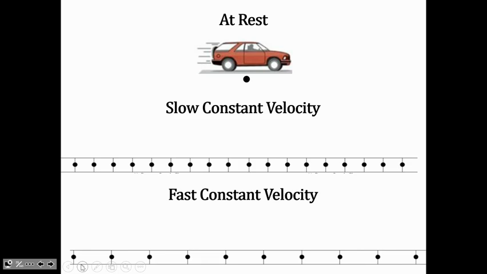You'll see that the displacement each second is the same. You'll see that the shape of the displacement versus time graph is linear. You'll see that the shape of the velocity versus time graph gives you a slope of 0, indicating that the object is not accelerating. So that is it for constant motion.